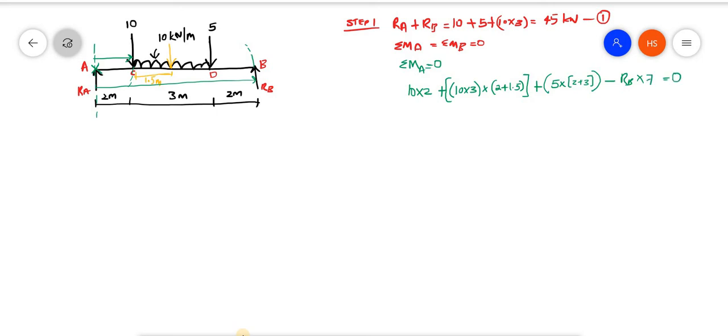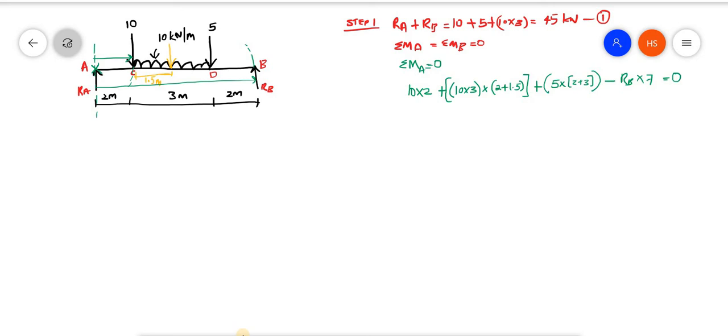You have to clearly understand this equation. By simplifying, what will be the answer? 20 plus 30 into 3.5, again plus 5 into 5.